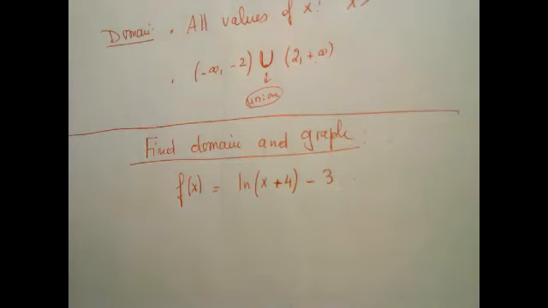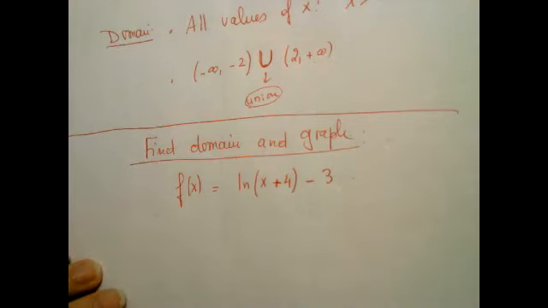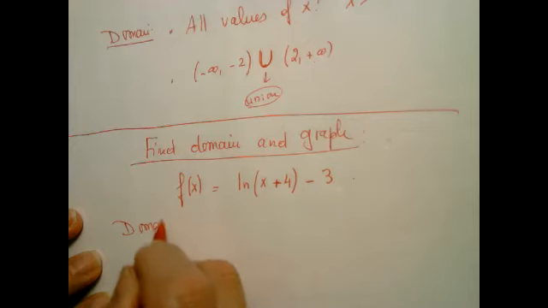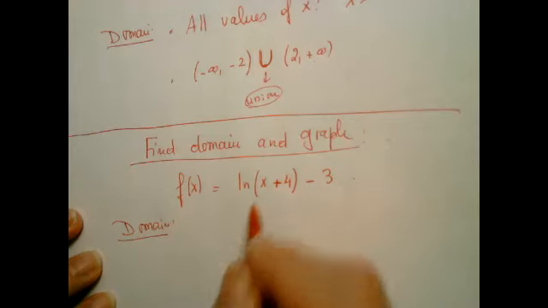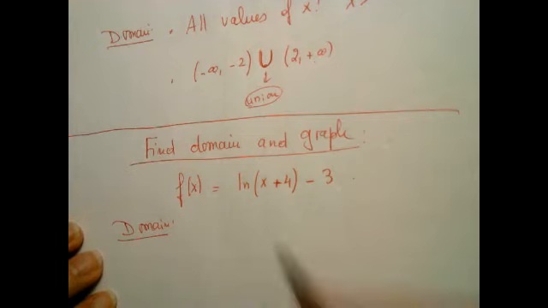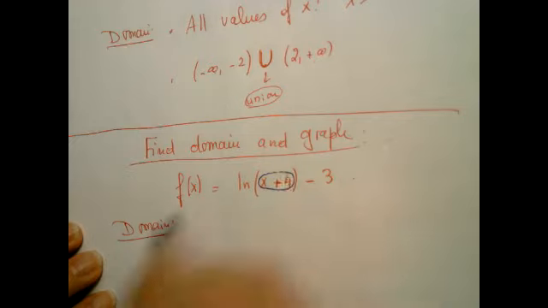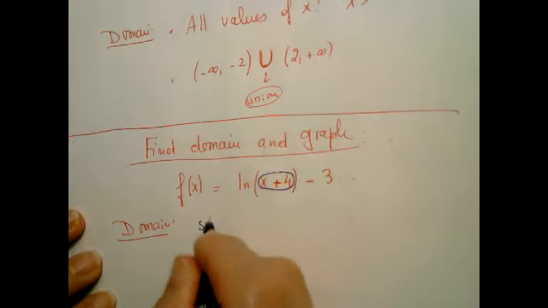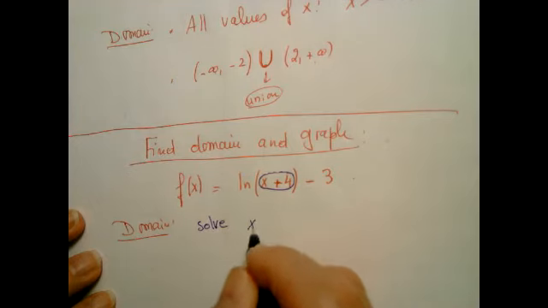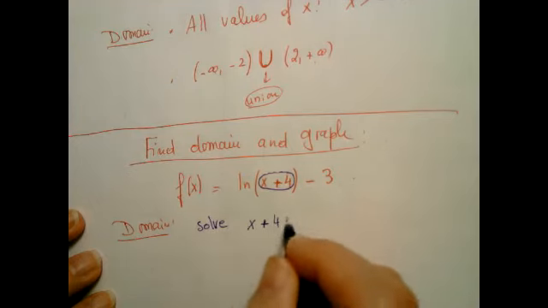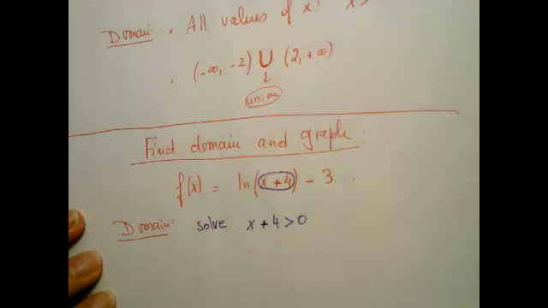So that's again back to scaling and shifting and stuff like that. And so first the domain. I care a lot about the domain because we have to know which x's I can put for input. So my domain here is, I need this inside to take only positive values. So we need to solve x plus 4 strictly positive.